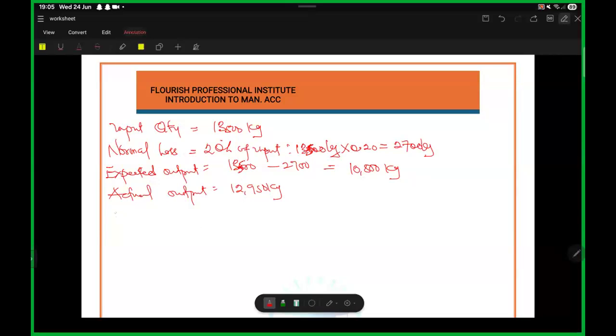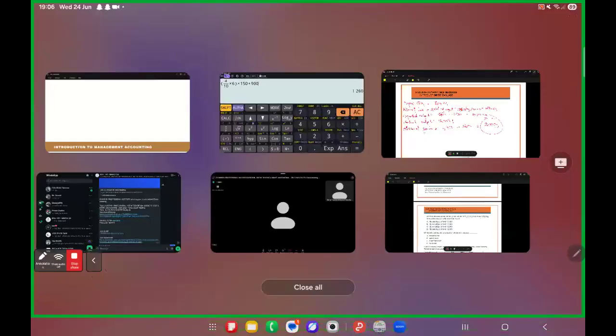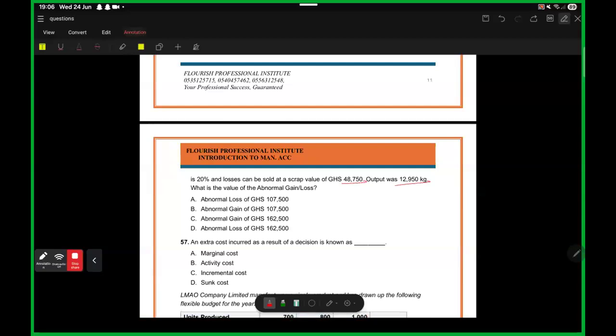So we call this your abnormal gain. Abnormal gain becomes the difference between the two, which is 2,150 kg. This is what the question is actually asking us to do. It says, what is the value of this abnormal gain?